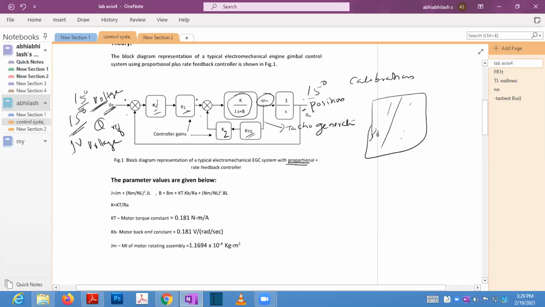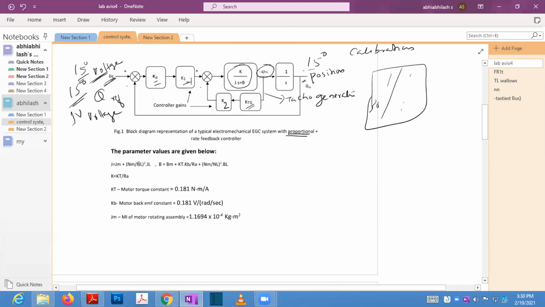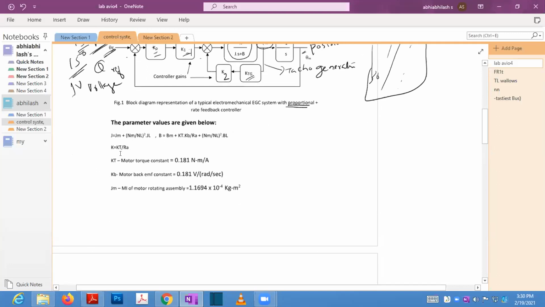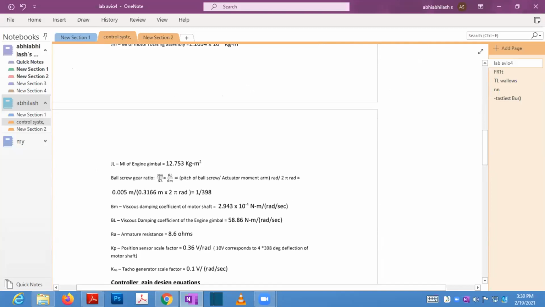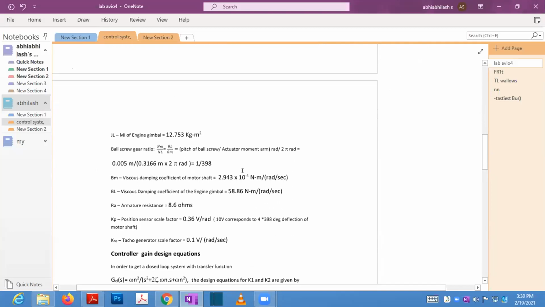This Kp is the proportional gain constant, and K1 is the position sensor constant. And this J is equal to Jm plus this quantity, and these things we have derived now. The Kt value, Kb value, Jm, Jl, that is Nm by Nl, this term Bm, Bl, Ra, Kp, Kt.